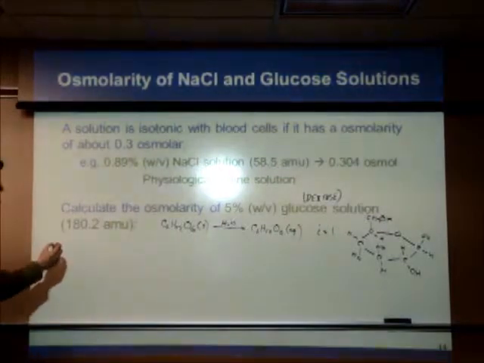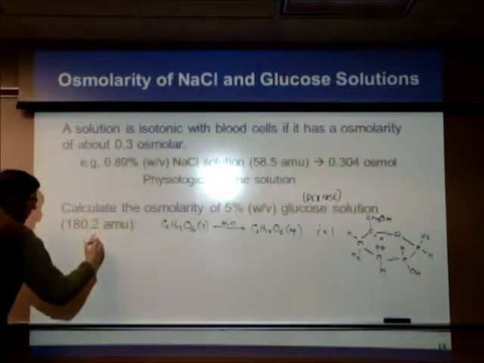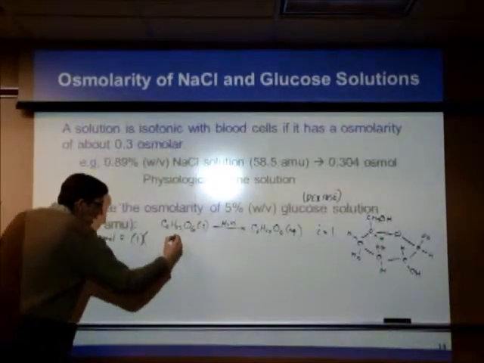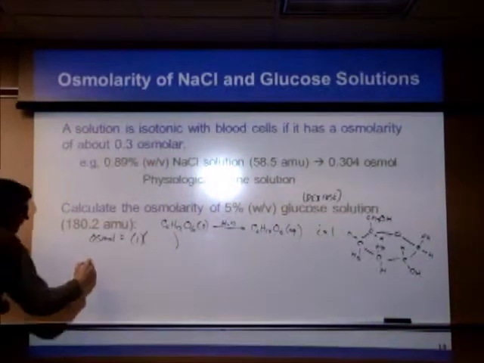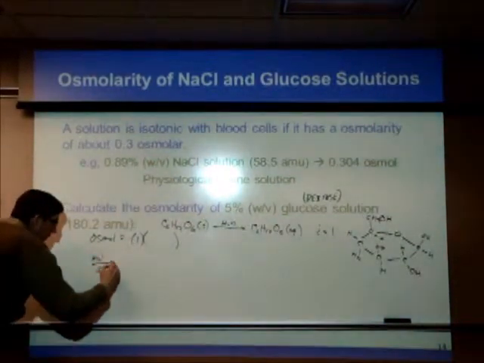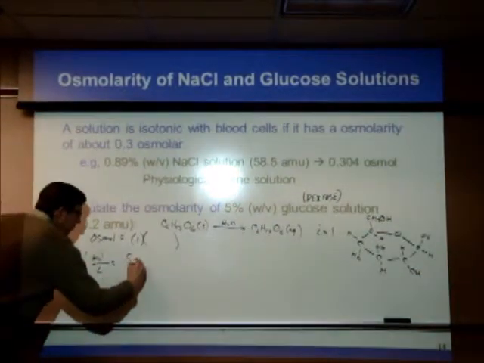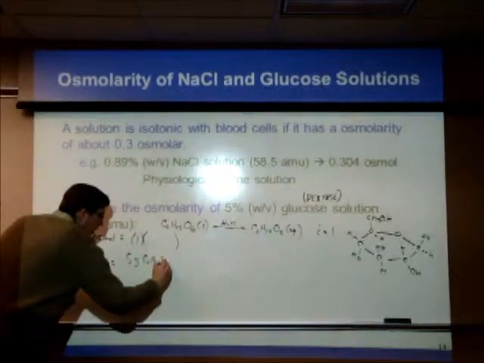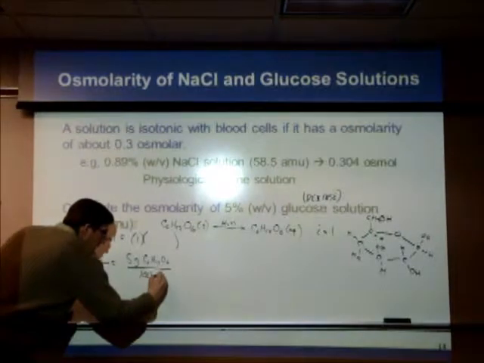Okay, now we come over here. So we saw that i is equal to 1. The osmolarity is equal to 1 times the molar concentration. So we need to calculate that from the 5%. So moles per liter is what we need to find. And so we know it's 5 grams of glucose, C6H12O6, in 100 milliliters.